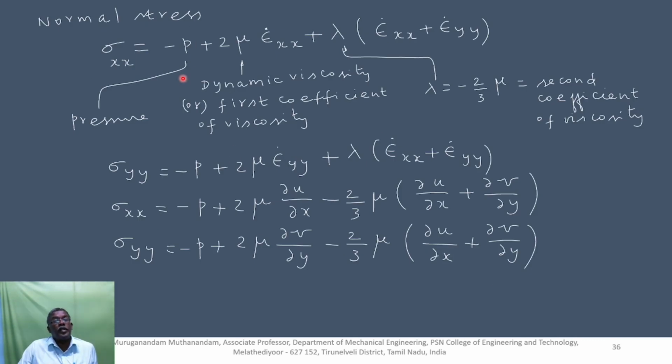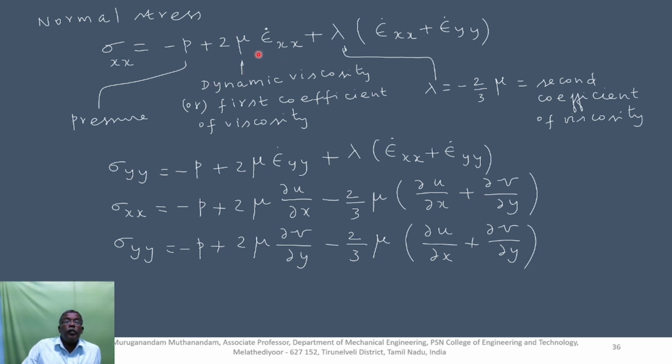The normal stress sigma xx can be written using this equation, where the first term indicates the stress due to pressure and the second indicates the stress due to linear deformation.